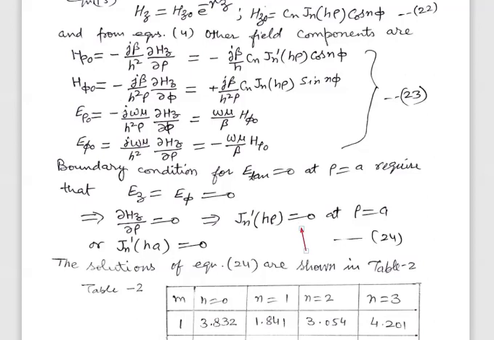So here J n', this prime term, shows the derivative of Bessel function Jn with respect to rho.